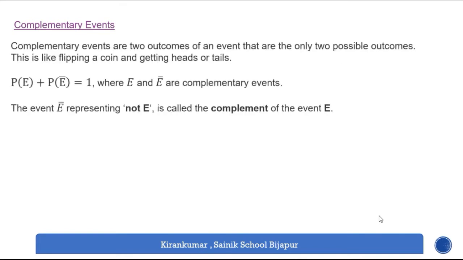Here, E and E bar are the two events, they are complementary events. The event E bar representing not E is called the complement of an event E. So for example, probability of getting a head is an event, probability of getting tail is called not an event.